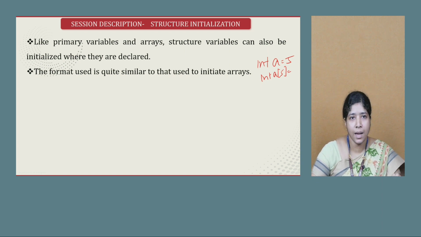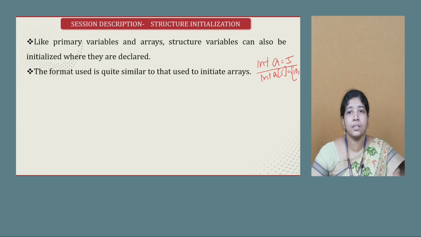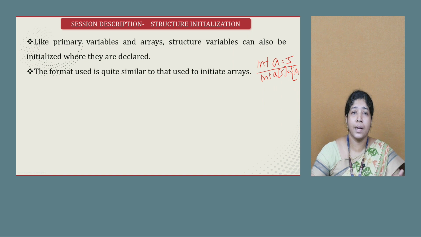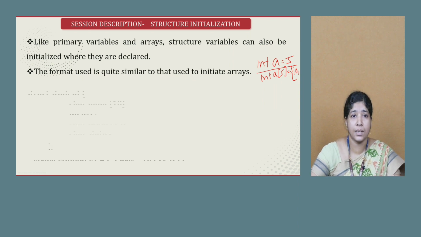The moment they are declared, we can assign the values. See here, I declared and assigned the values. Here also you can declare and assign the values like this. The same way a structure also can be declared, and the moment it is declared, we can assign the values. So it is quite similar to arrays. So how we can initialize, we will see.